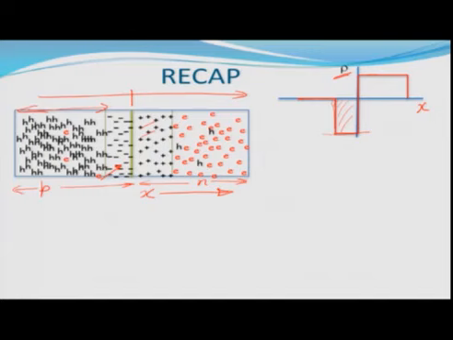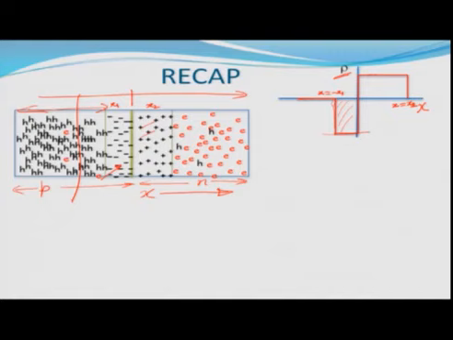If my depletion layer is of width x 1 on the left and x 2 on the right, then this point is x equal to minus x 1 and this point is x equal to x 2. Remember, when I say a line, this line is in fact a large layer.